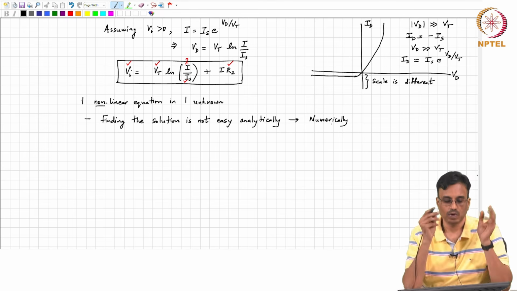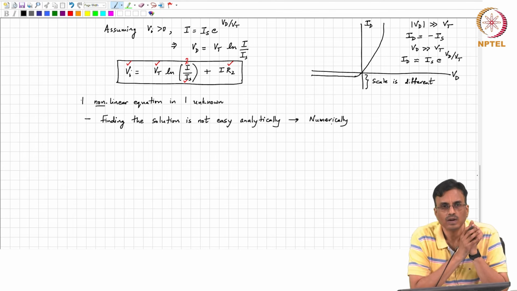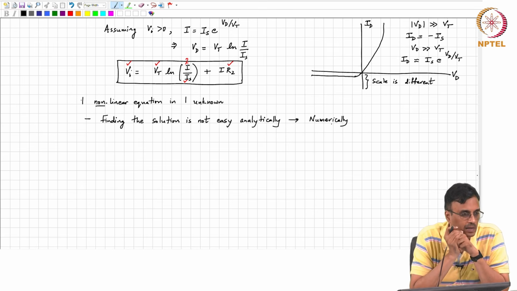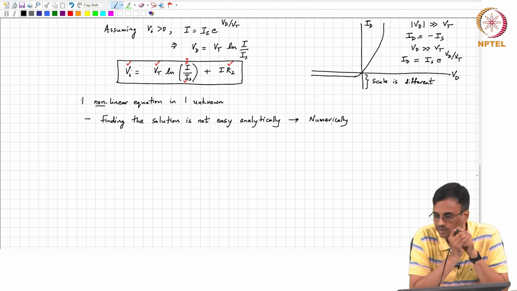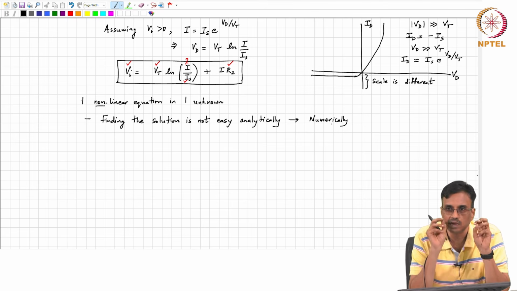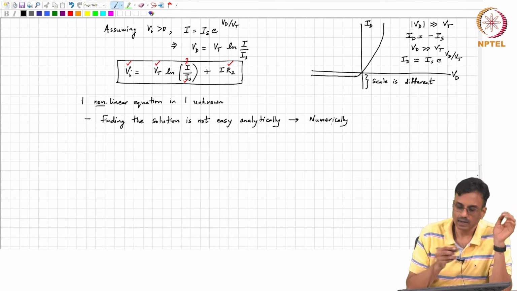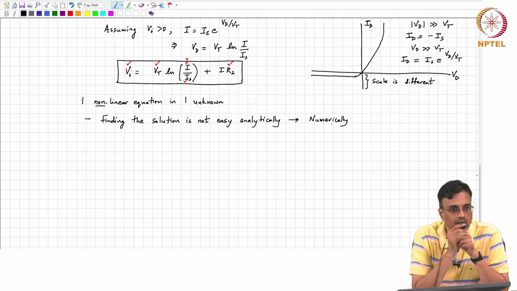Given Vi, Vt, Is and R2, you can go to your favorite mathematical package, Octave or MATLAB or whatever, plug these numbers in, and the package will solve the equation for you, and you will basically get the current I. All right.